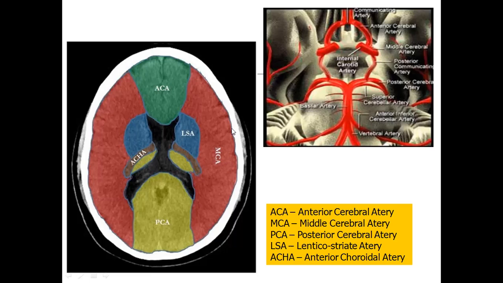This is this area. Temporal lobes of the brain are supplied by the middle cerebral artery, the occipital lobe by the posterior cerebral artery, and also central parts of the brain by the lenticulostriate artery and the anterior choroidal artery.